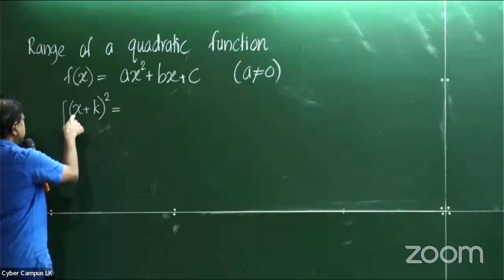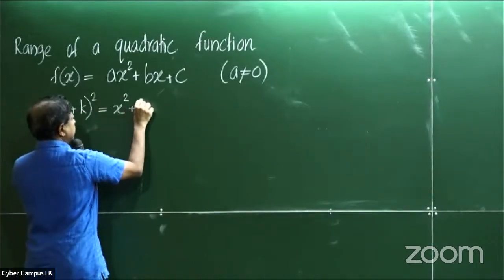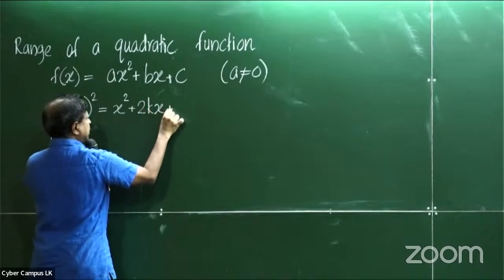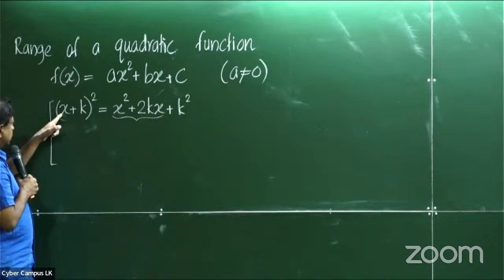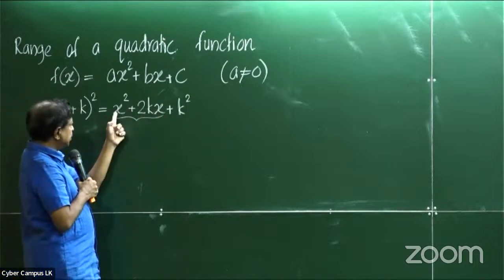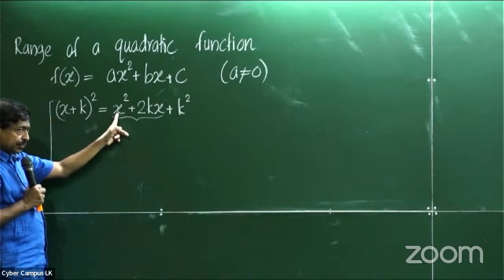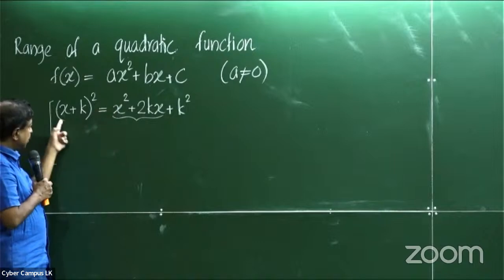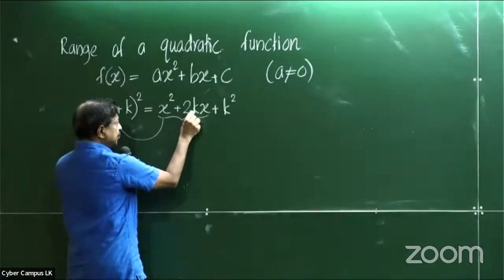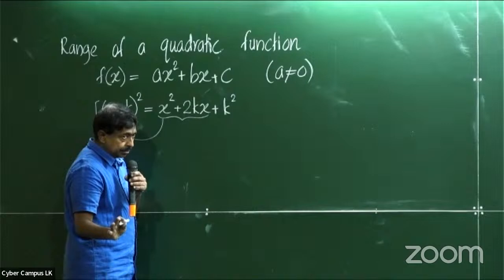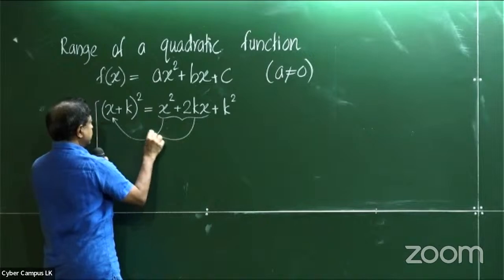When you square this, first you get x squared, then you have 2kx plus k squared. Using these two terms, you can reduce this one. Take the first term and get the square root. Here the coefficient is 2k. You divide it by 2, so it will be k. From this you can get this constant.